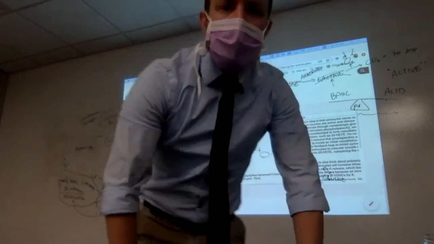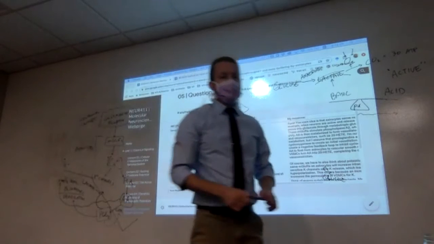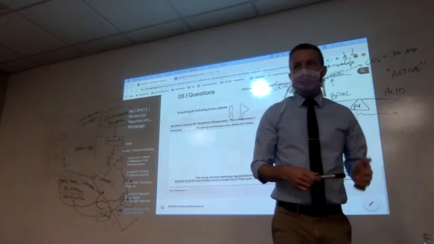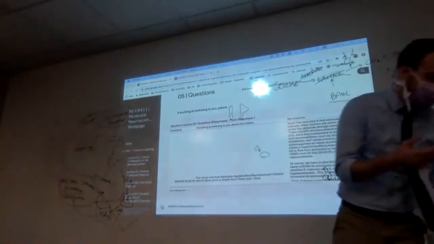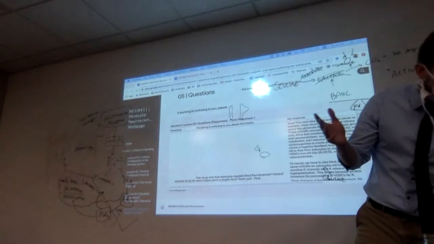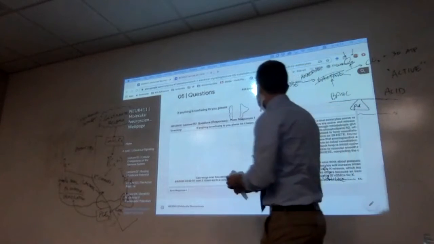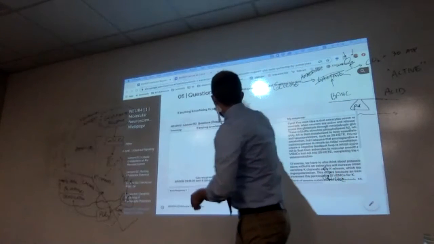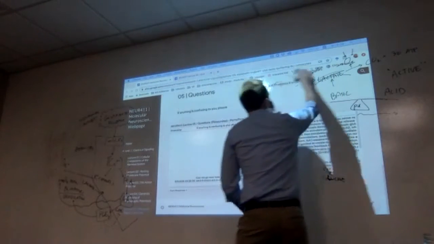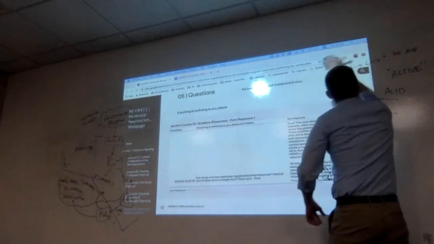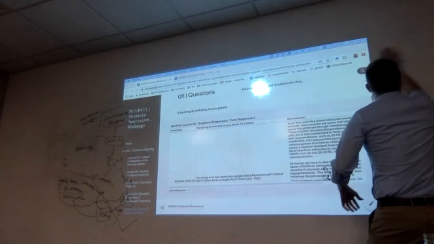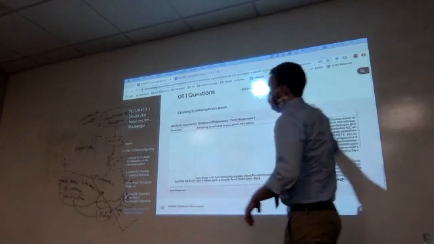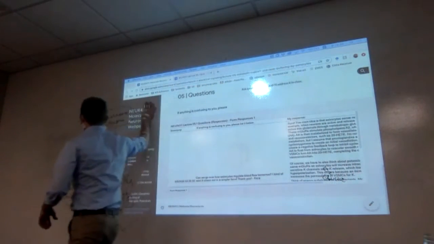Okay. So why do postsynaptic potentials require more ATP than action potentials? Isn't that kind of surprising? Because in an action potential, we're going from -70 all the way up to +30, and then we're hyperpolarizing. It seems like we're moving a whole lot of ions, right? And we are. But you have to think about how many postsynaptic potentials we have to generate before we kick off an action potential.